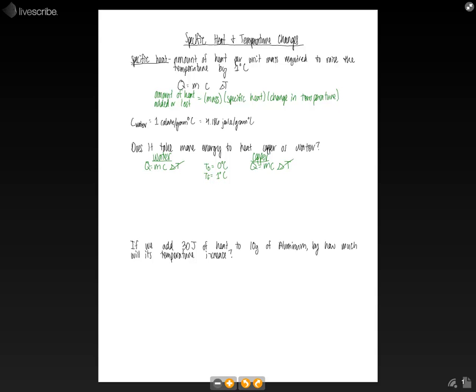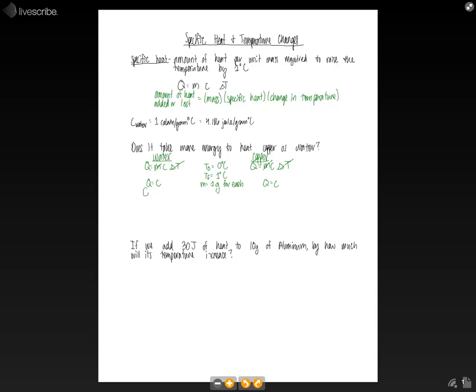So that'll cancel in both cases because it's equal. And then we're also going to have the mass be equal to 1 gram for each. So our masses in both our water and our copper are going to cancel. So we're left with Q is equal to C in both situations.